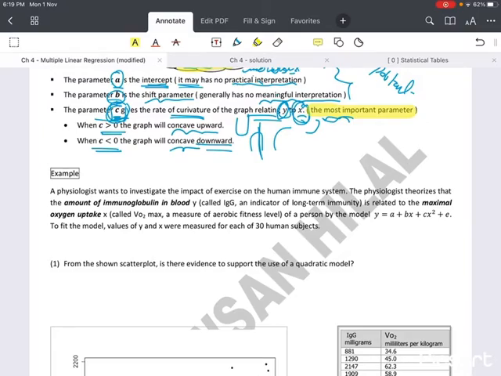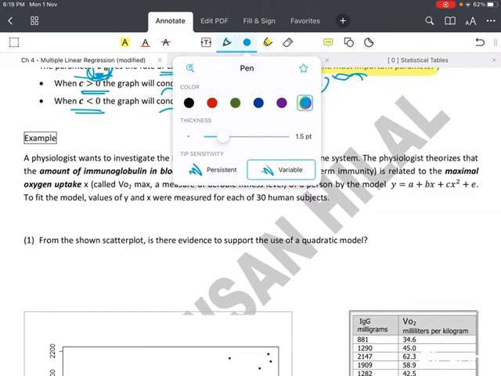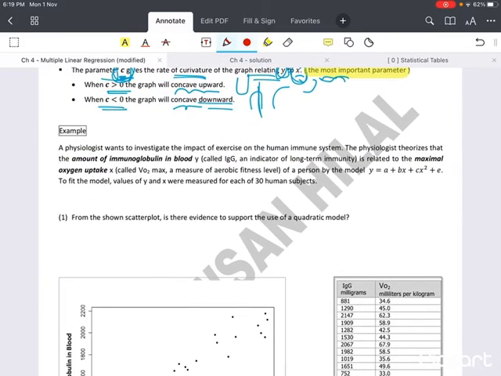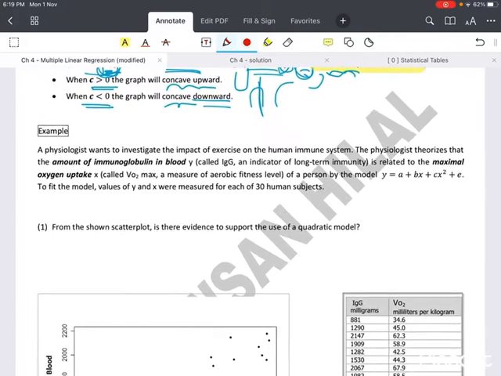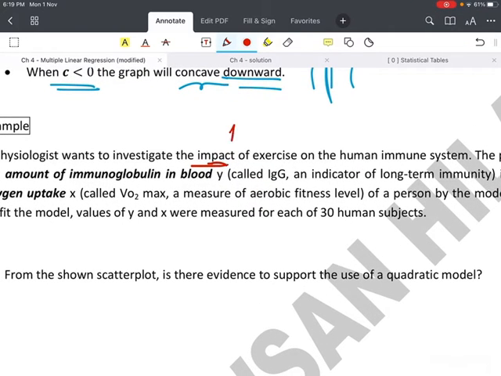Example. We will now read the example carefully to answer the questions. A physiologist wants to investigate the impact of exercise on the human immune system.